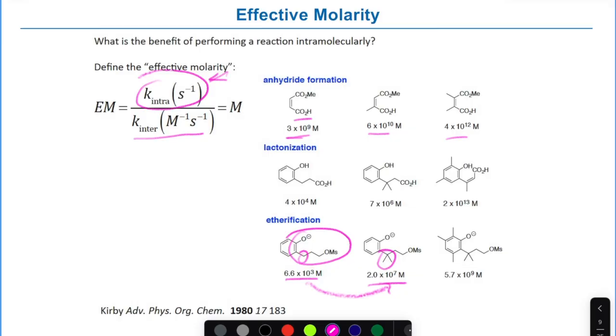Exactly. You're taking this floppy bond that has free rotation. By putting that gem-dimethyl onto it, you're slowing down the rotation for one part, so it's going to adopt certain kinds of eclipsing structures. And second, it's probably folding back on itself, where you're forcing that floppy chain towards your nucleophile.